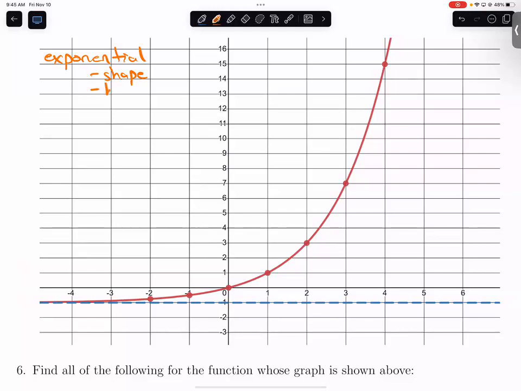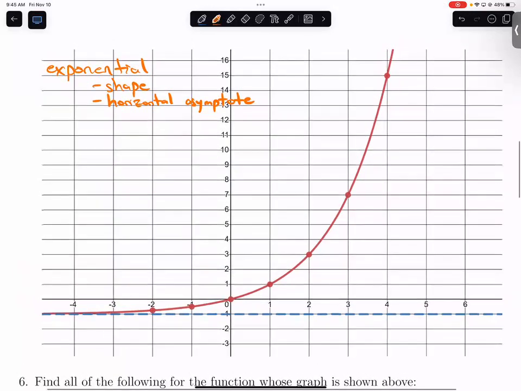There's a horizontal asymptote. And that's how exponentials work. Okay, so it's exponential. It's growing over time, so that means the base is bigger than 1.